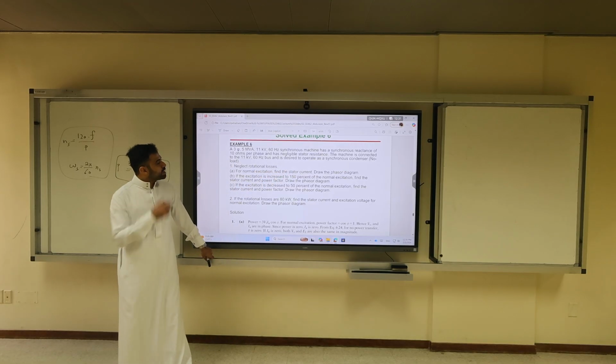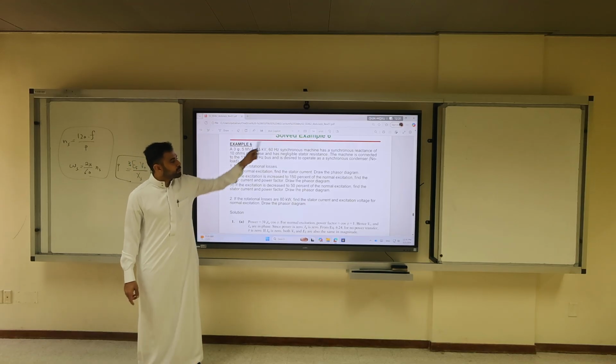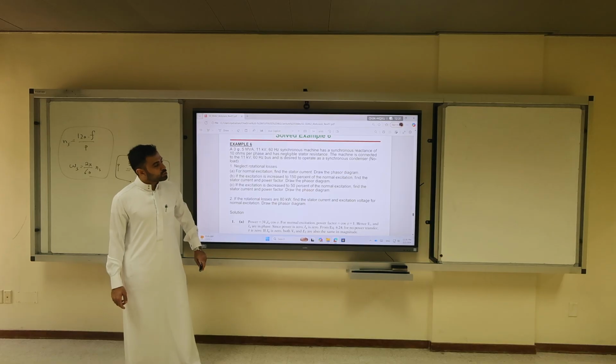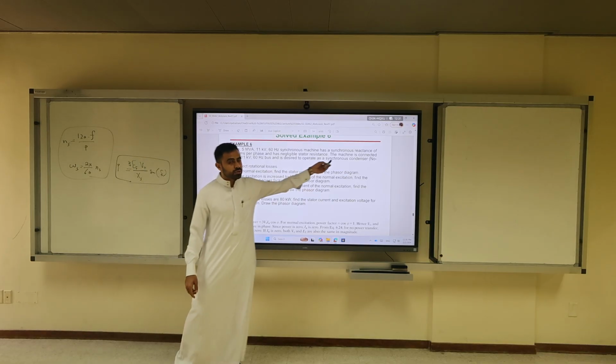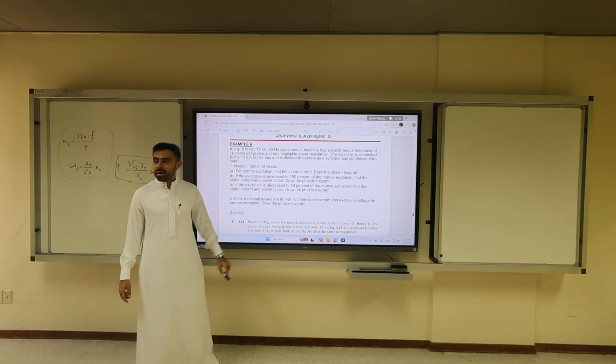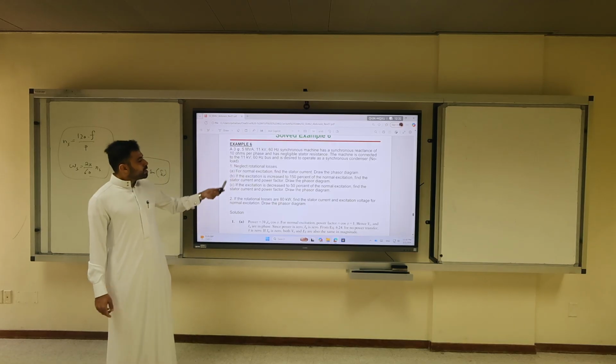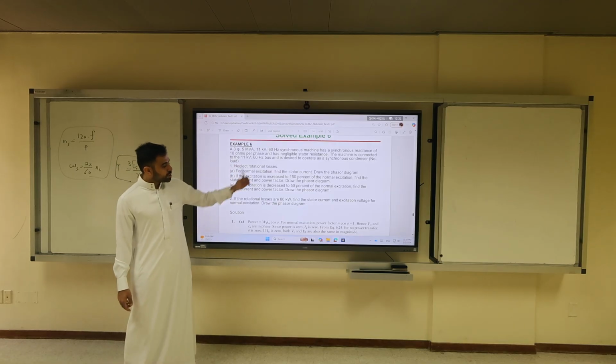The machine is connected to a rated bus, which is the same line-to-line voltage, same frequency, and is desired to operate as a synchronous condenser. So if I say synchronous condenser, it means what's the real power? 0. Yeah, no load. So here it says neglect rotational losses.